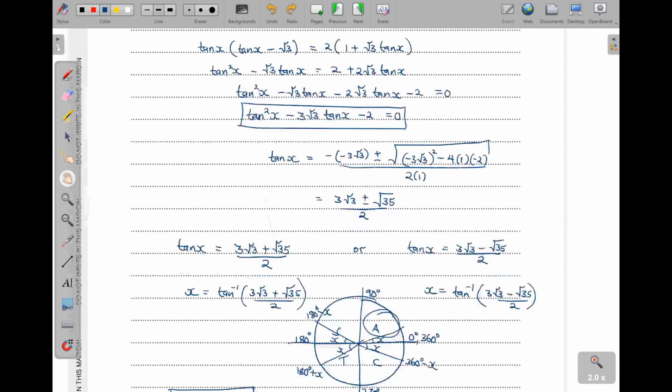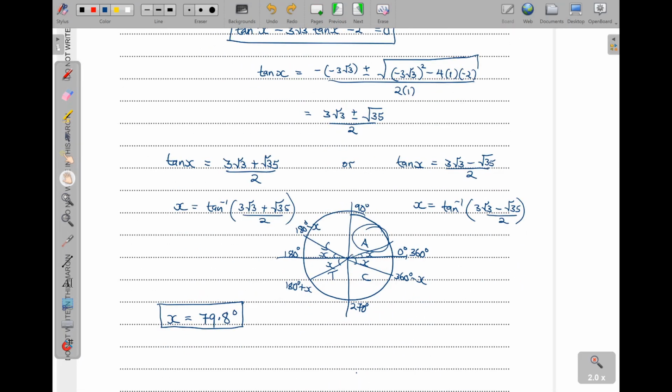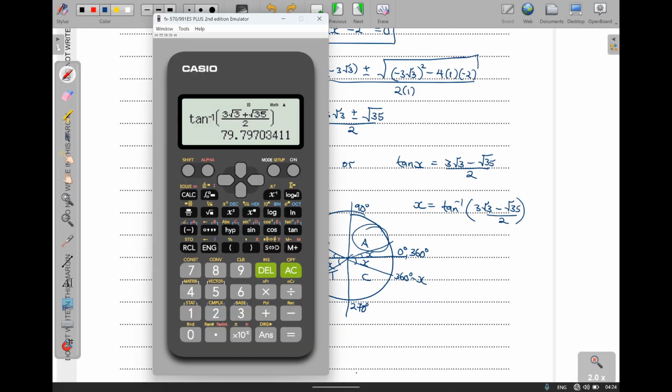So for that case, I pick only one value there, and then we go to this one here. I will just change this to the minus. Then it is a negative, and we don't have negative answers here. The domain is from 0 to 180.